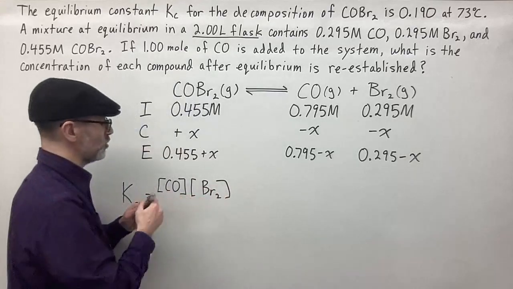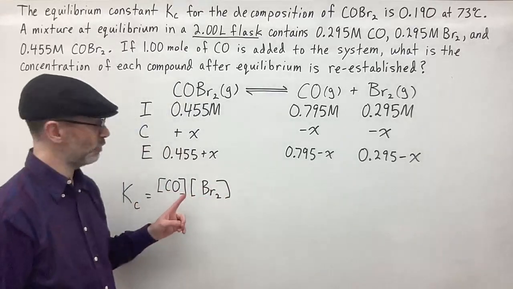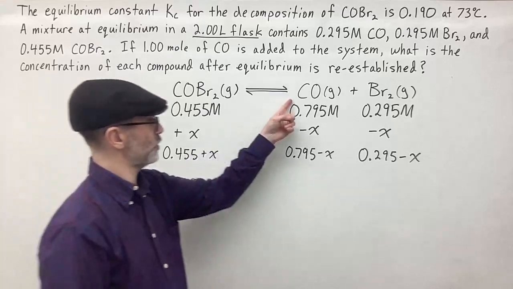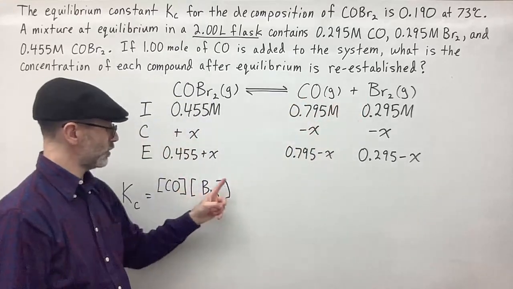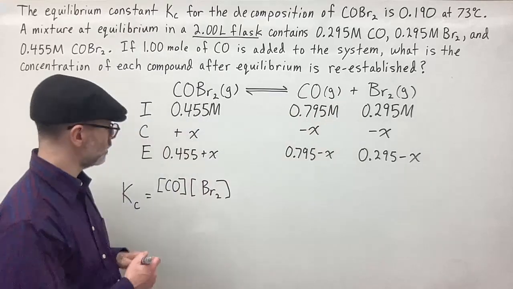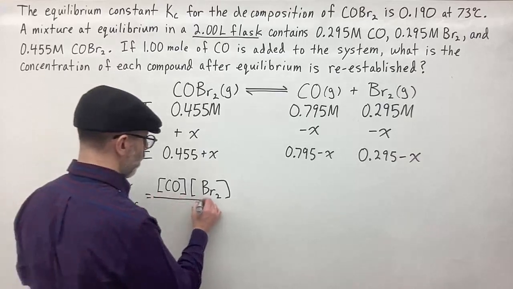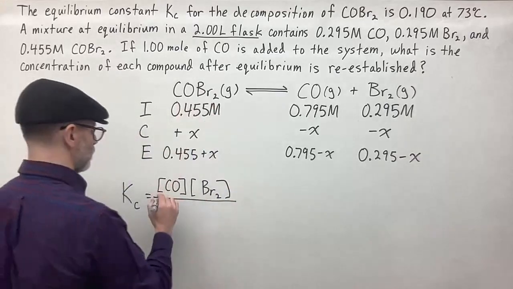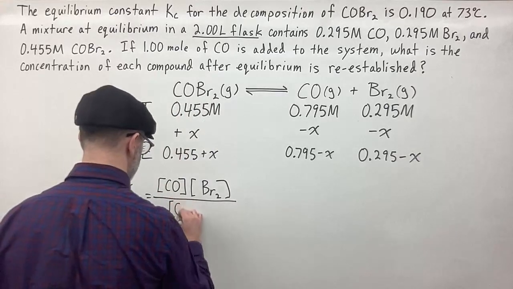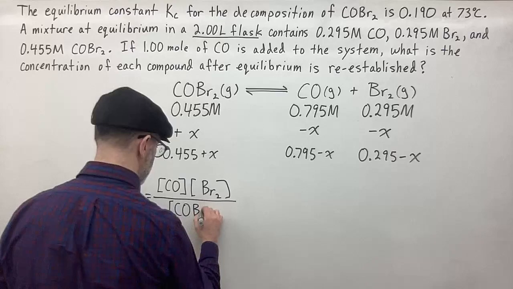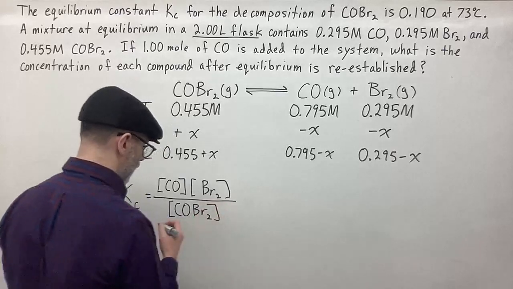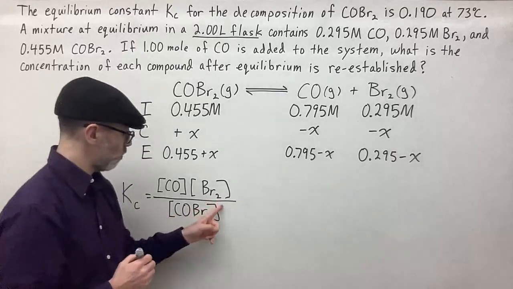And remember, these are raised to the power of the coefficients. So the coefficients are 1, so the powers here are 1s. We don't write the 1s, but they're understood to be there. Okay, so now I put the reactant, so it's going to be the concentration of COBr2, and again, raised to the power of 1.